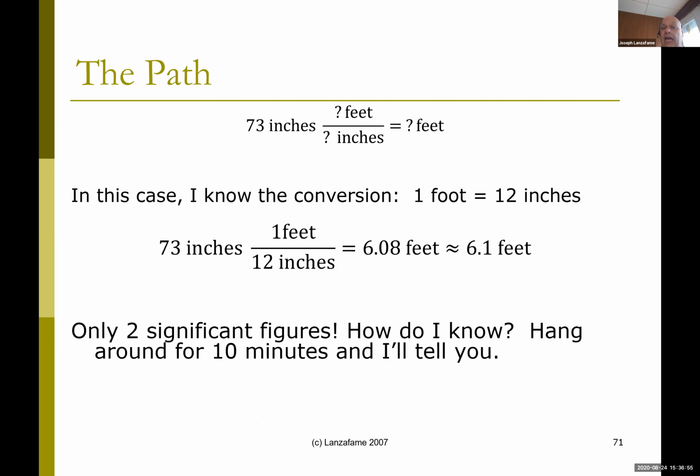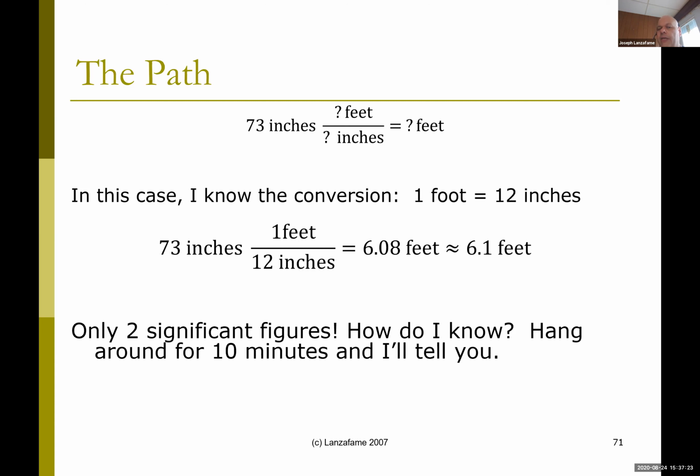In this case, I do know that 1 foot is equivalent to 12 inches. That is really two different conversion factors. If I divide both sides by 1 foot, I get 12 inches over 1 foot equals 1. If I divide both sides by 12 inches, I get 1 foot over 12 inches equals 1. Either way, it's a 1.